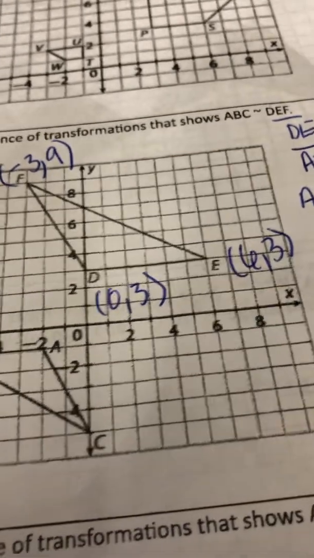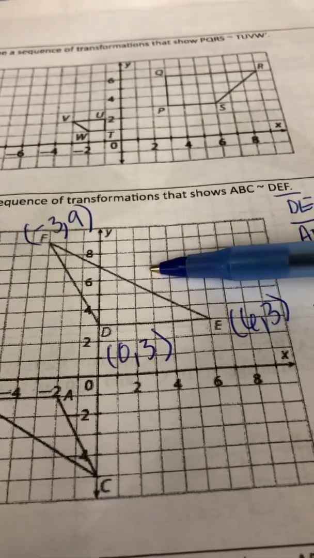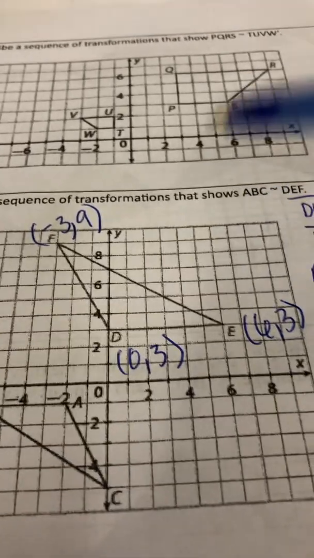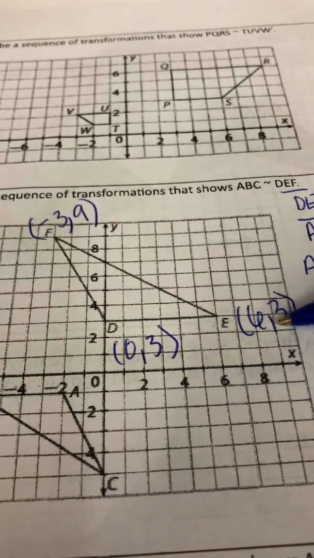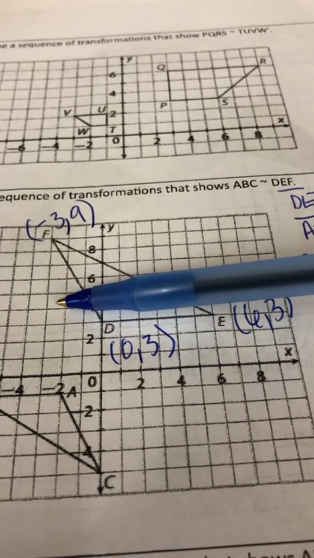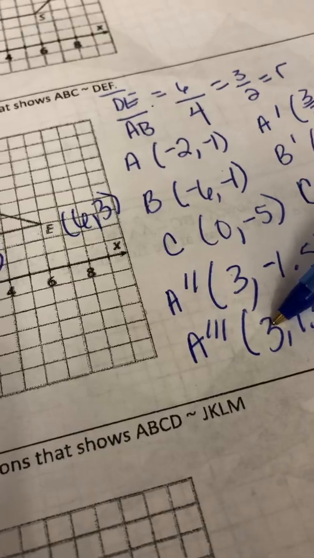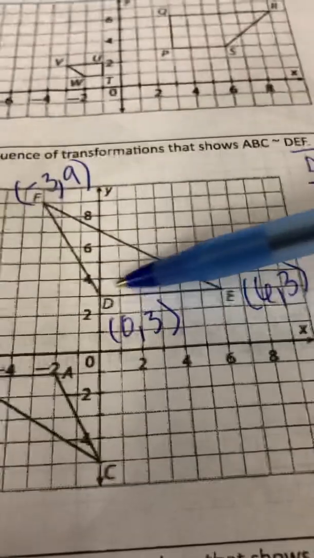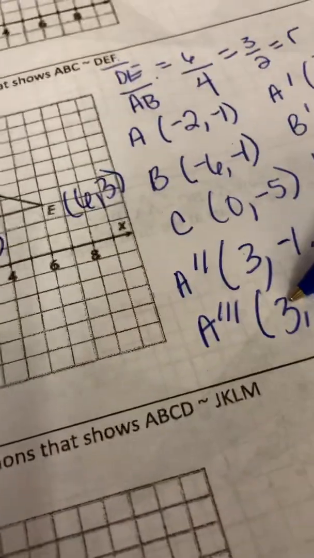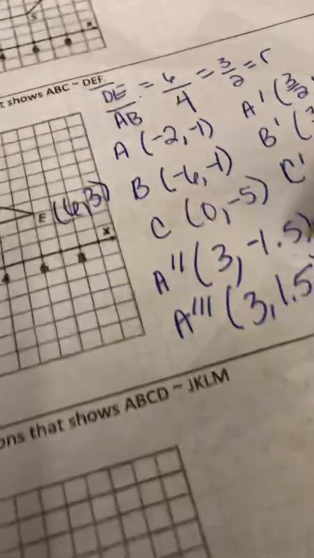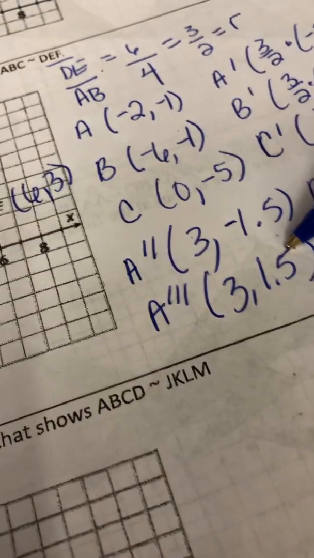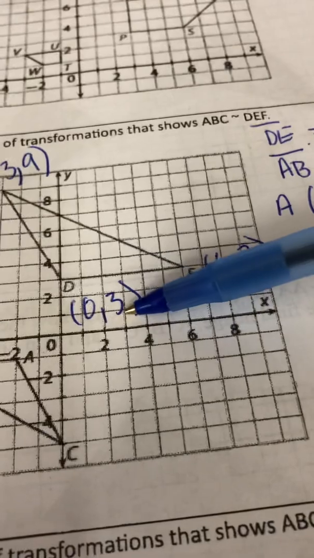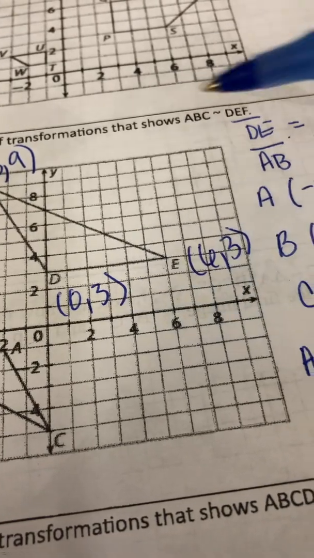Well, to me, that looks like a translation. Because remember, we've already reflected it above the x-axis, right? So once we've done that, it looks like it has to shift over just a little bit, okay? So if I take 3 and I subtract 3 from x, then I will have 0, because 3 minus 3 is 0. 1.5, if I add 1.5 to 1.5, I'm going to get 3, okay?